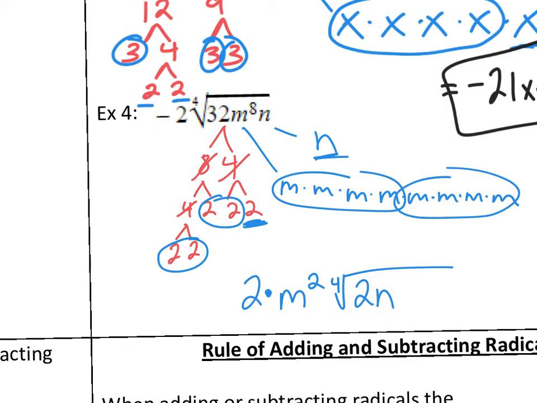Am I missing anything in this? The negative 2, where'd that come from? The front, right? Don't forget about those coefficients. Those are being multiplied as well. Yep, so this becomes, I'm going to give myself a little space, negative 4 m squared, 4th root of 2n.